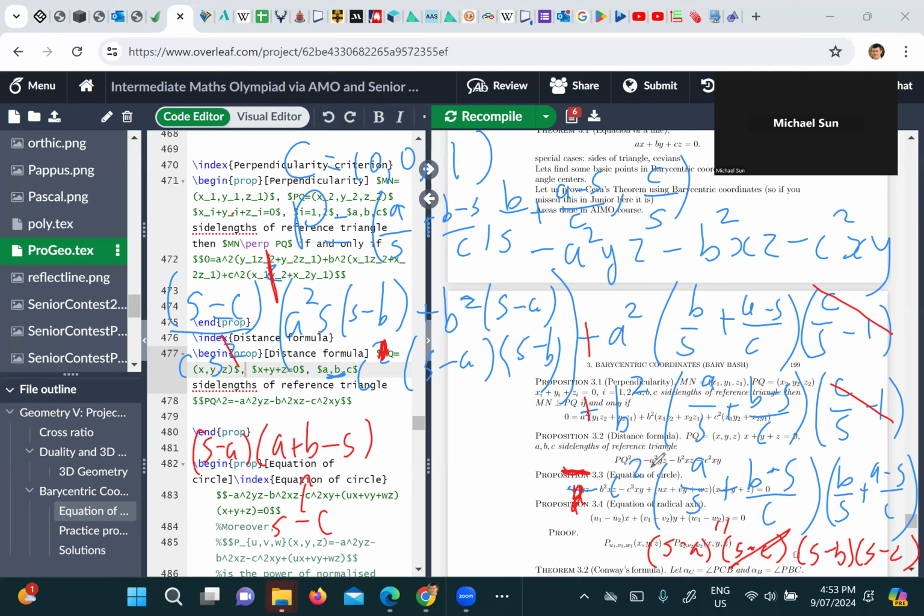So this is C squared. It's annoying. Yeah, so this is just a minus 1 on S. Okay.